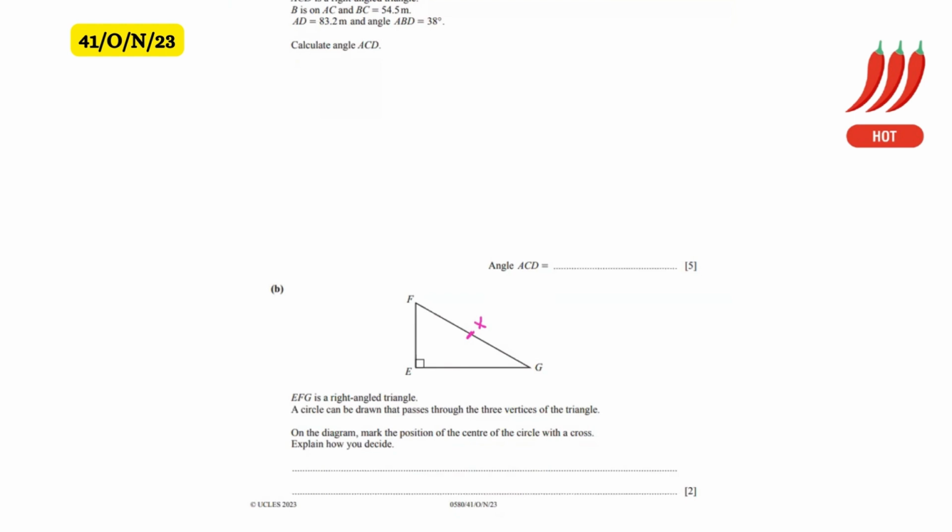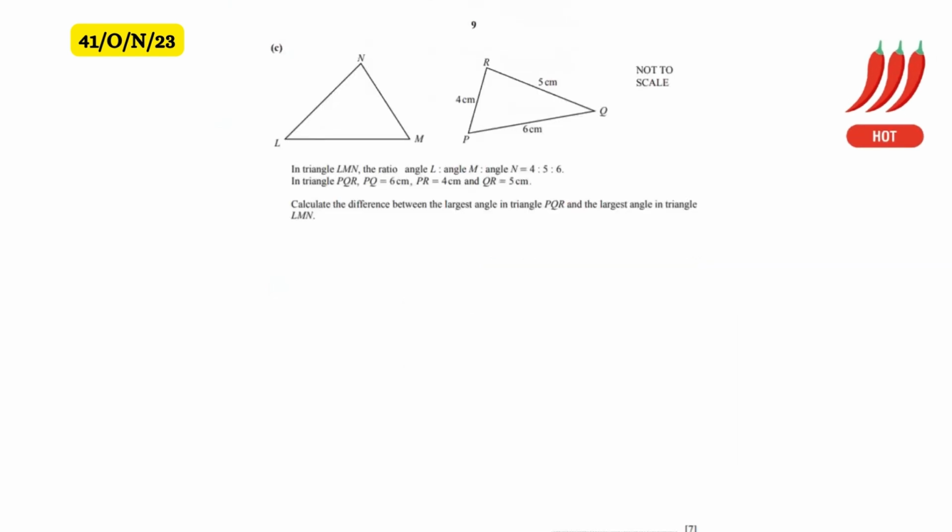So center would be the midpoint of FG. That's your answer.